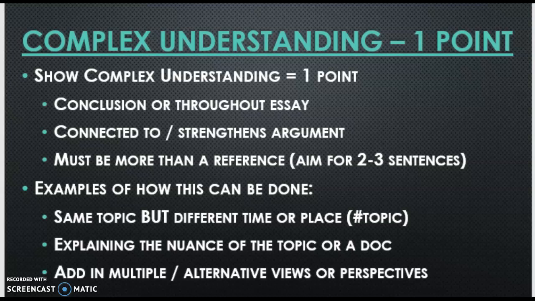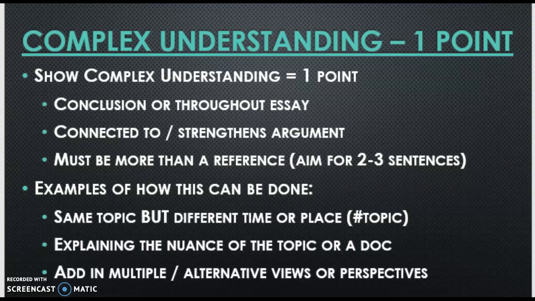You can also do this a number of other ways. You can explain the nuance of a topic or a document. If the topic or even a particular document is complicated, there's lots of shades, there's gray areas to the issue, if you explain that, that is showing complex understanding. Another way you can do complex understanding is adding in multiple or alternative views or perspectives, right?